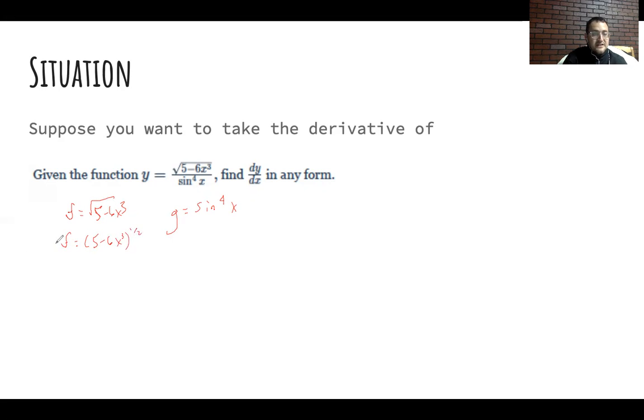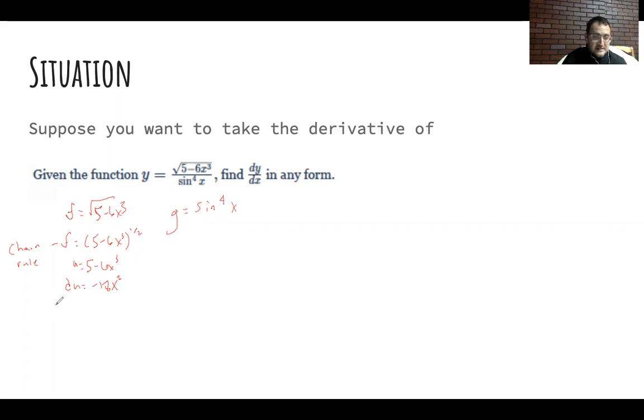So we need to do chain rule here. So du would be negative 18x squared.